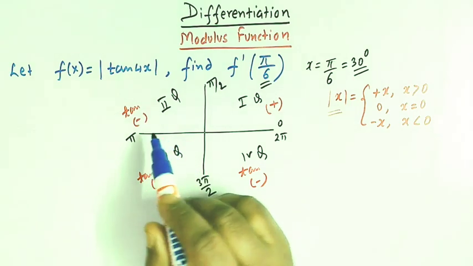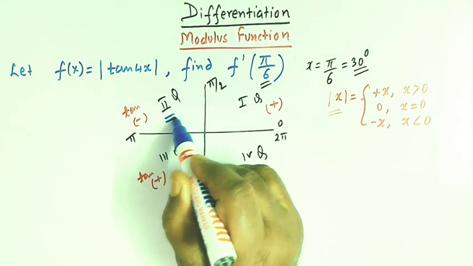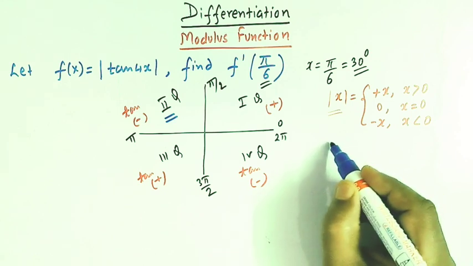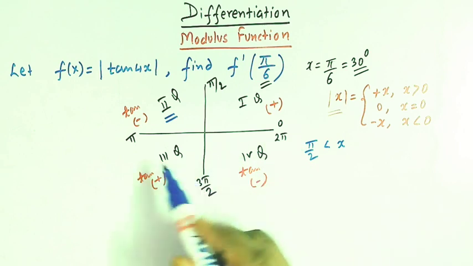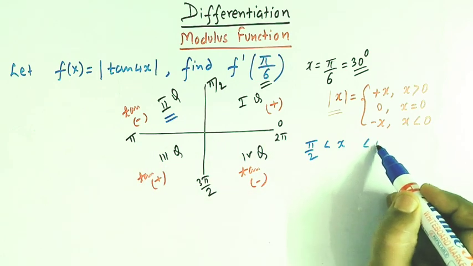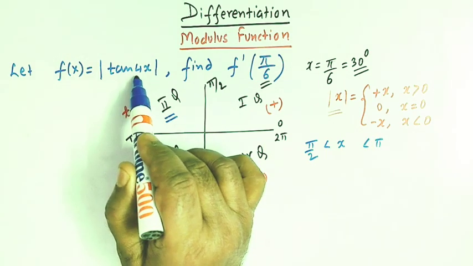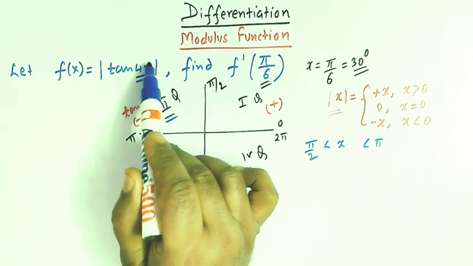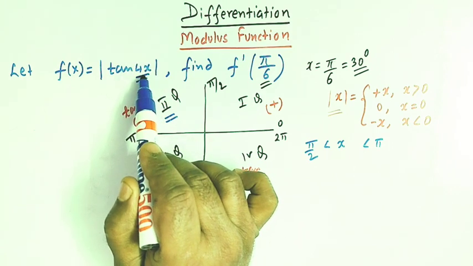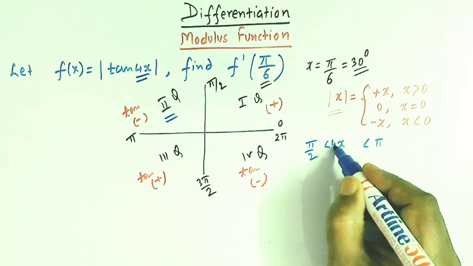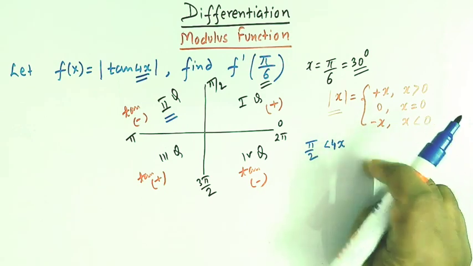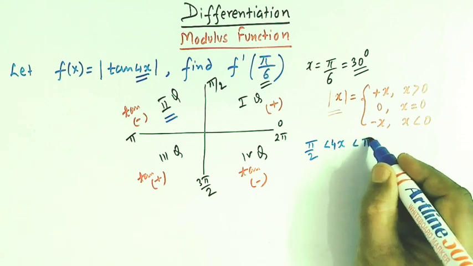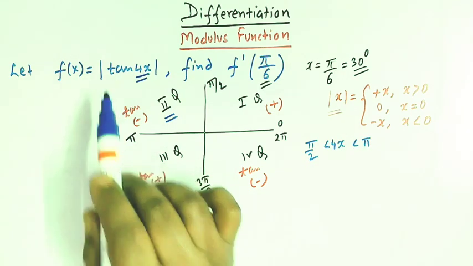We have just seen that in the second quadrant, that is when the angle is greater than pi by 2 and less than pi, the tangent function is negative. Here we have the angle 4x. So when 4x lies between pi by 2 and pi, the tangent function is negative.